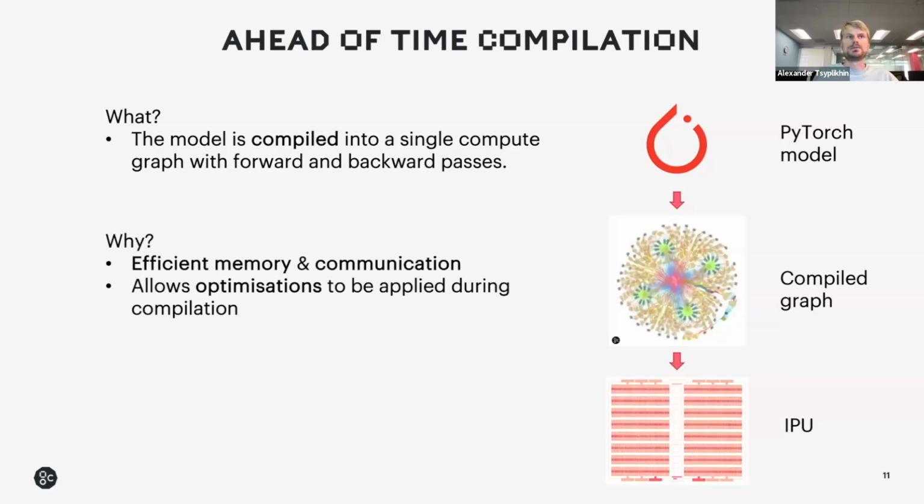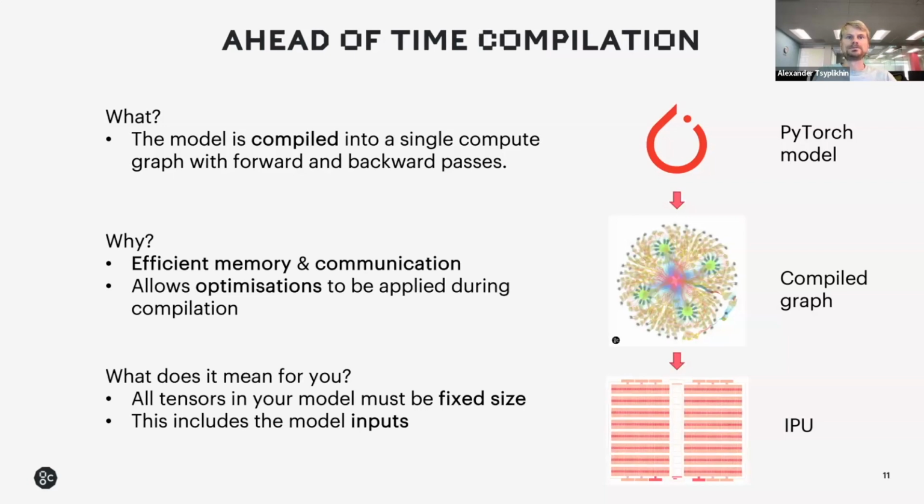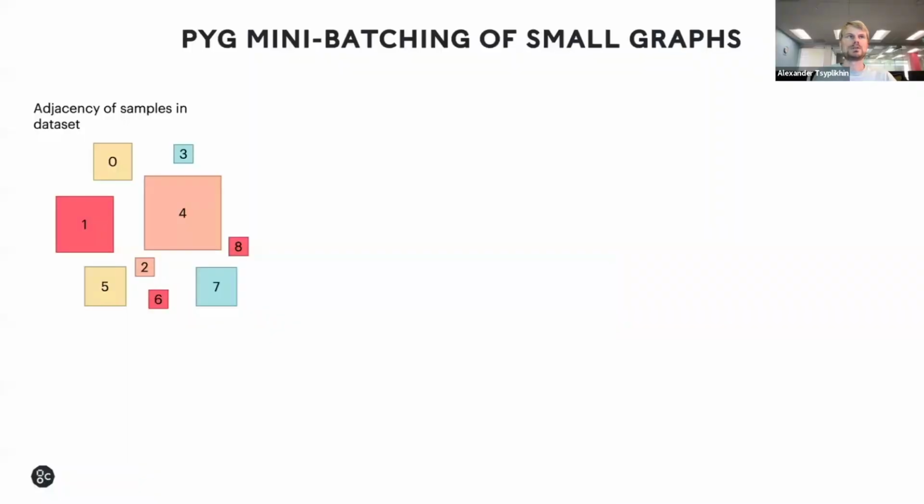We can do that by padding the tensor, the batches, and applying some other techniques like packing. We can benefit then from memory optimization and better communication across the cores, across the devices, and end-to-end optimizations of the graph.